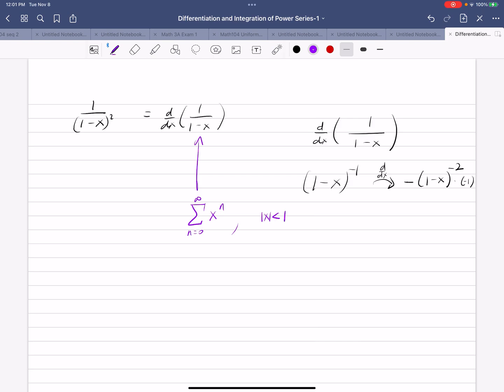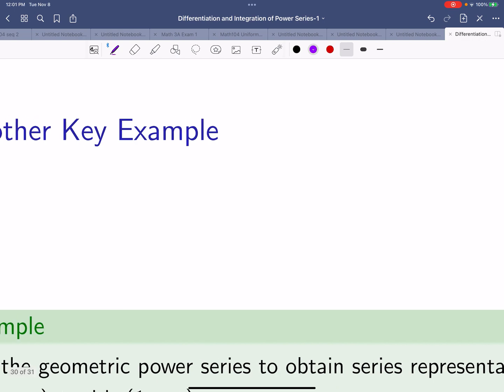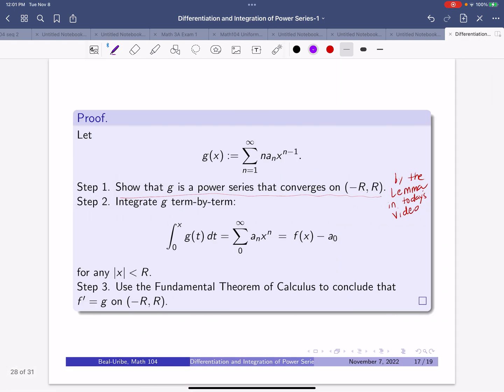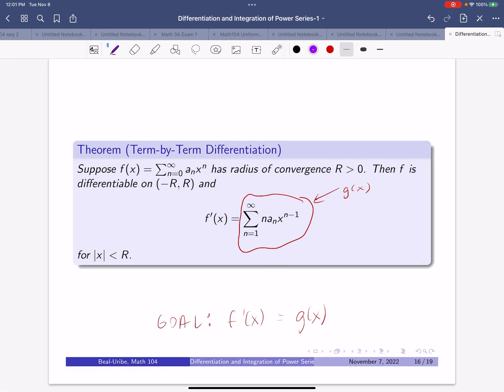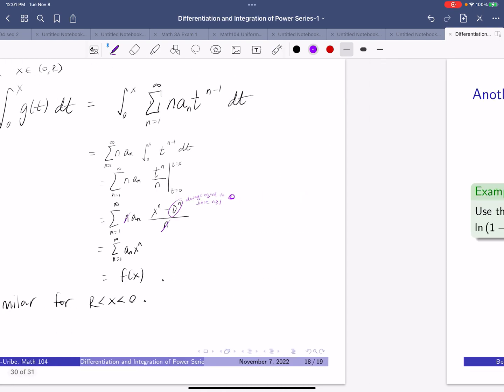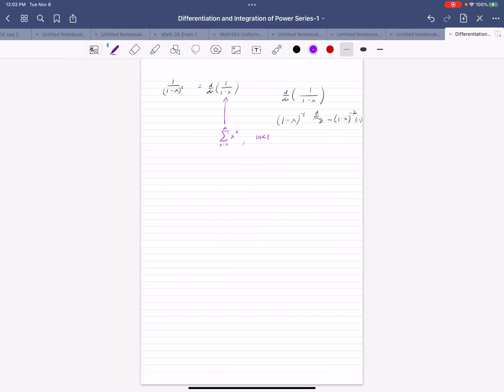Then the derivative is going to be, we can do term by term differentiation. I'll have n times a sub n x to the n minus 1. So the derivative is going to be the sum of n x to the n minus 1.